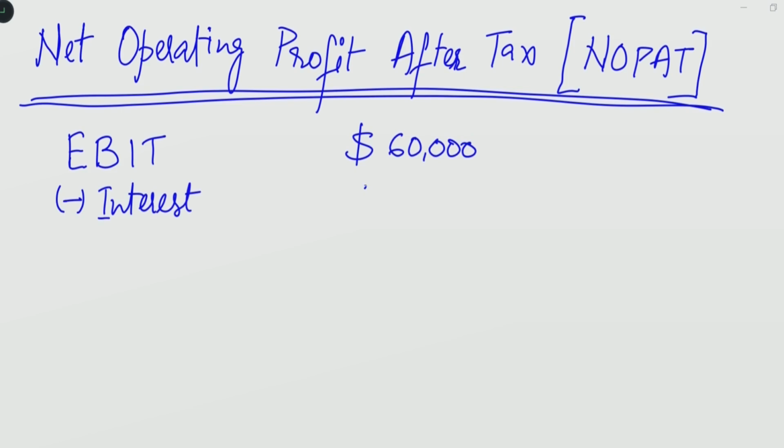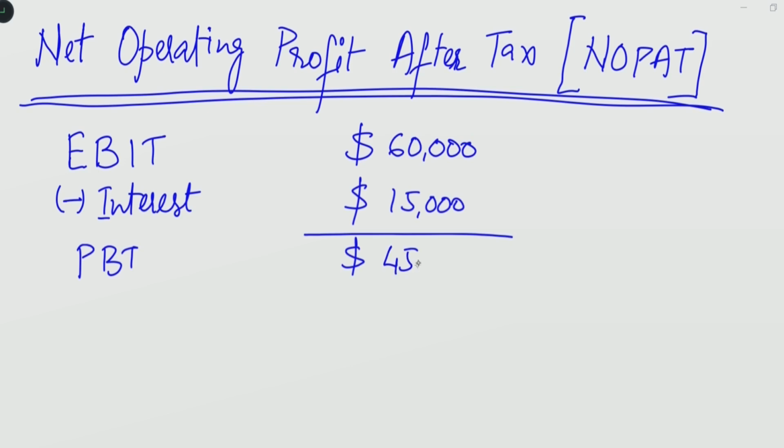Suppose interest is $15,000. Okay, so your profit before tax will be $45,000.